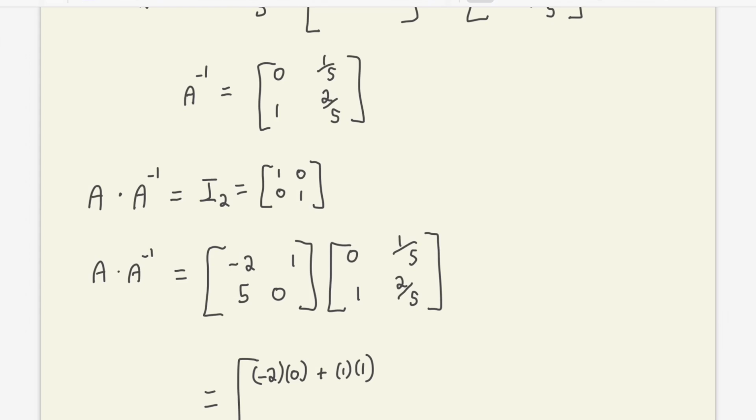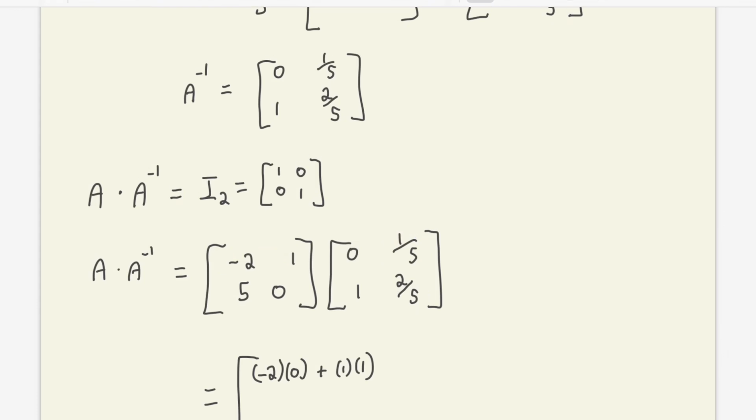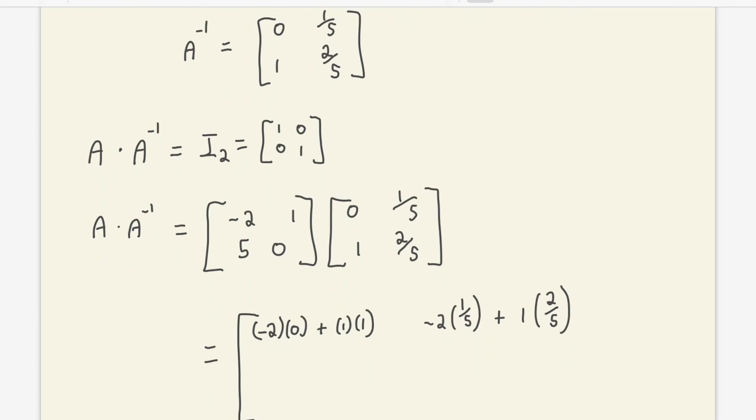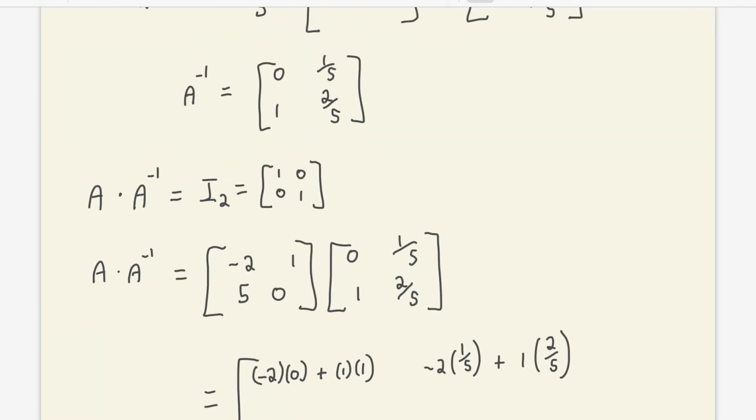So that's going to give us the first unit in our multiplied matrix. And then for our second spot, we're going to have the first row multiplied by the second column. So that is going to give us -2 times 1 over 5 plus 1 times 2 over 5. And then we're going to continue that for the second row of our matrix.